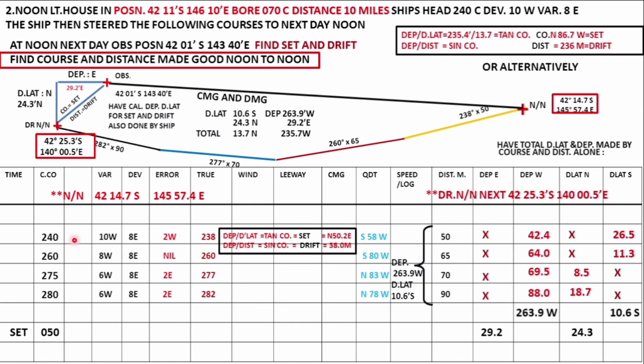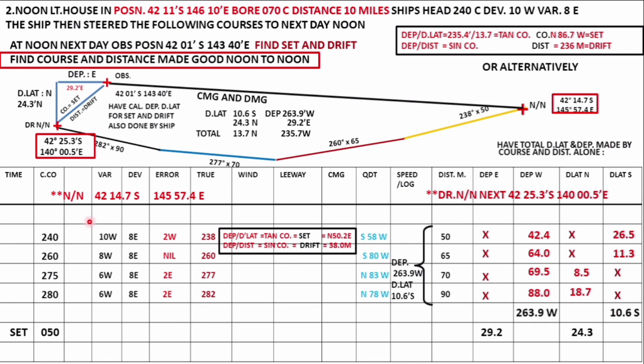Now you can see this is the total DLAT and departure what has been made by the ship following these courses right up to this place, and which is quite close to what you see here. My DLAT and departures here, 13.7 and 23.5. So it is not necessarily that you have to do it the conventional way of using this position and this position.